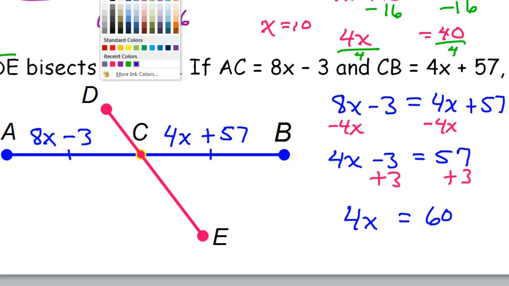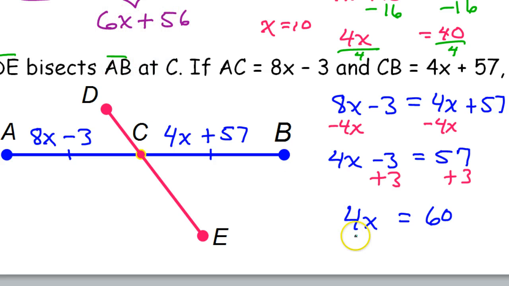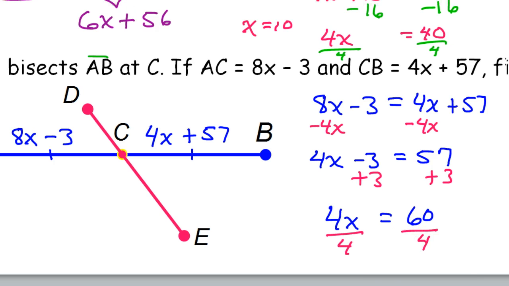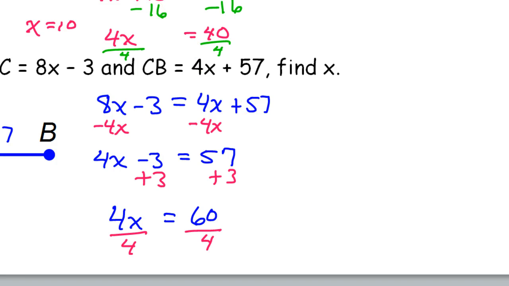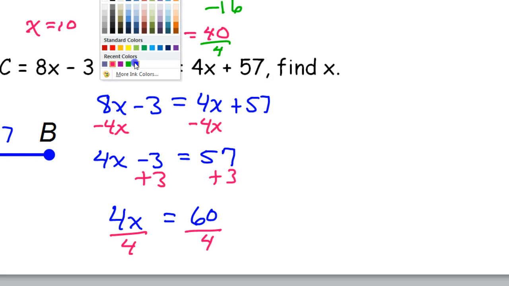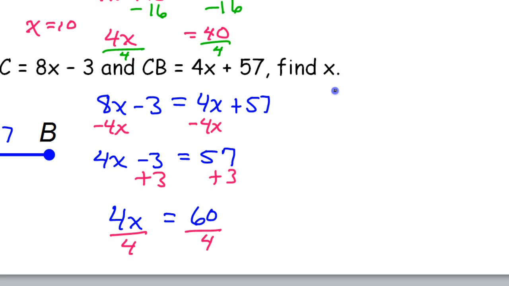Then we divide both sides by 4. So x is going to equal 15, because 60 divided by 4 is 15.